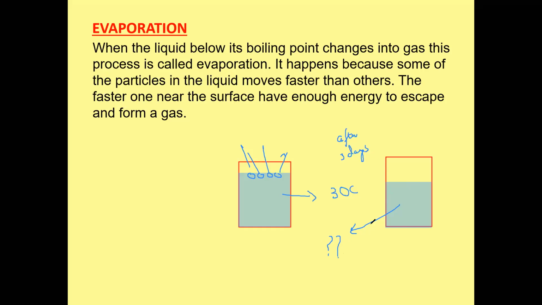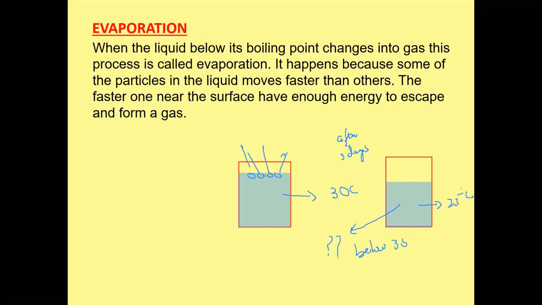So the temperature of the water left after 3 days will be below 30. Why will it be below 30? It can be any number, for example, 25. So why is the temperature low?